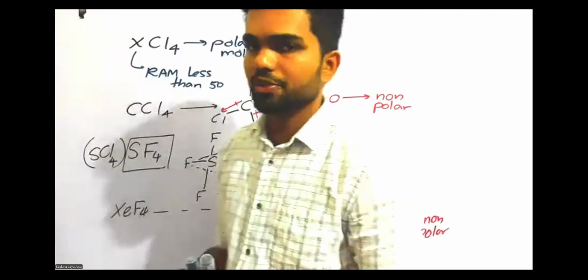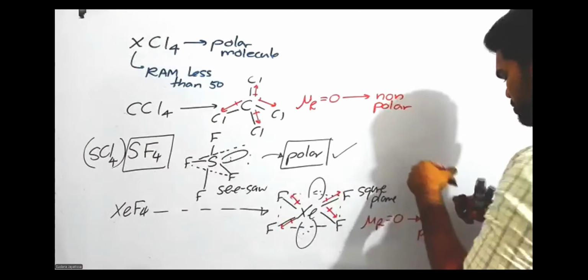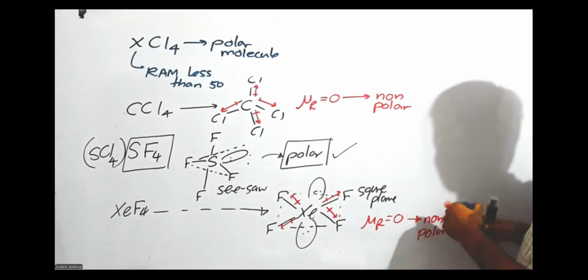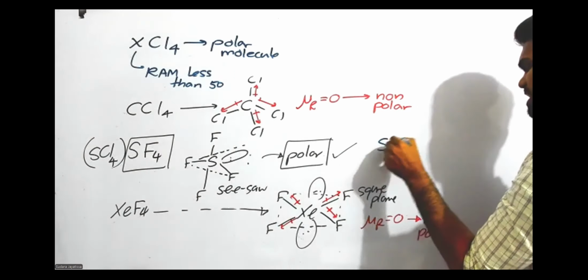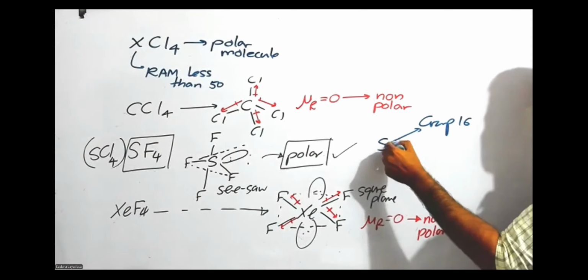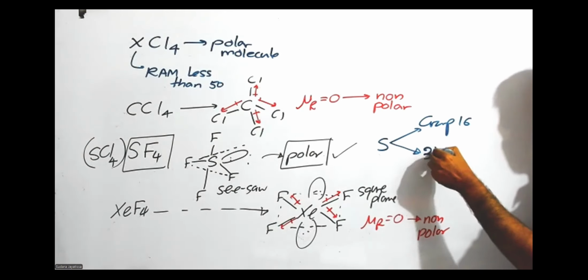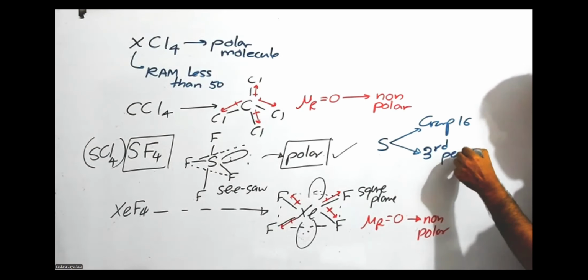That means it should be in group 16. Sulfur is in group 16, and its period is the third period.